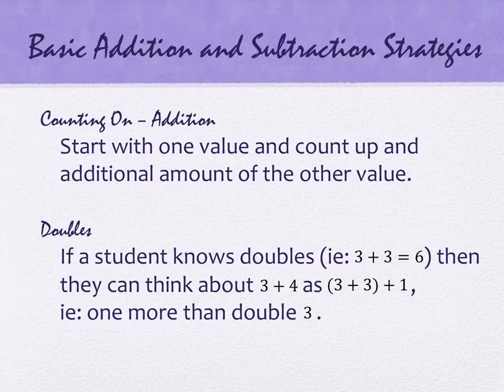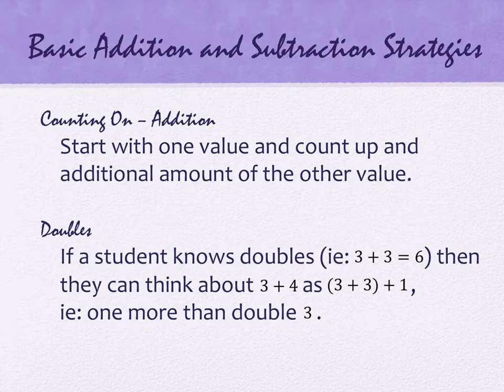Doubles. This is one that has become more popular. You will see this in more of your textbooks and resources and things than you used to once upon a time. So children, if they know their doubles, they know what 1 plus 1 and 2 plus 2 and 3 plus 3 and 4 plus 4. If they know their doubles, what they do is they think of the numbers as doubles.